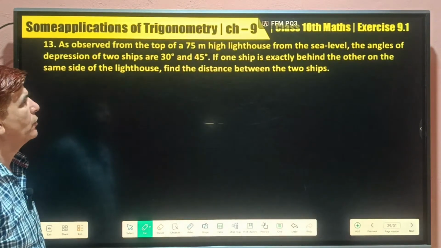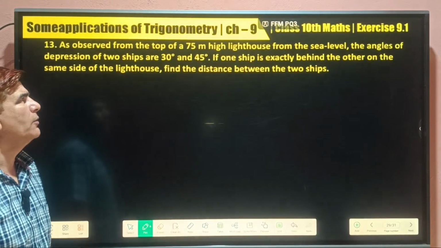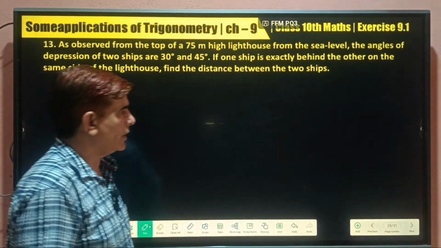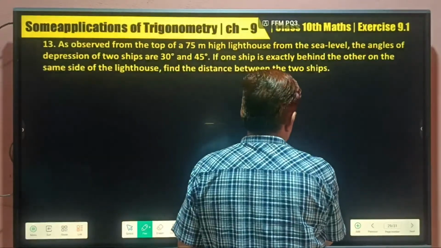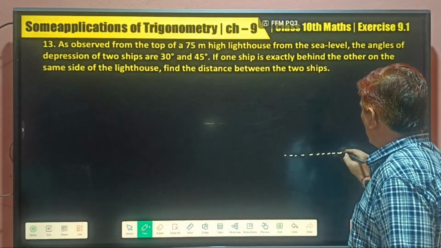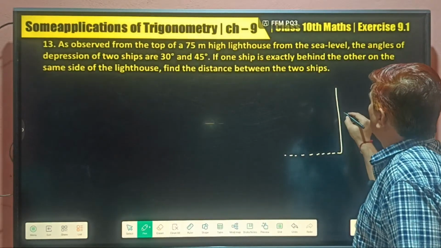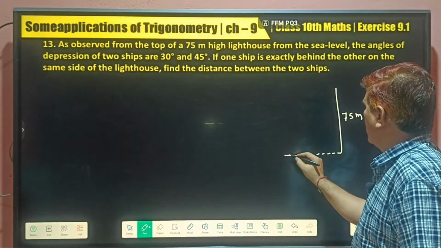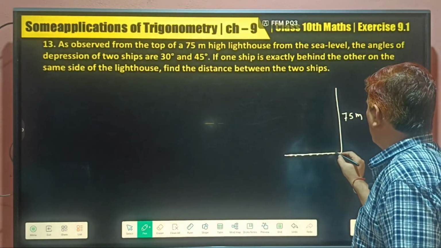As observed from the top of a 75 meter high lighthouse from the sea level, so we can understand this is the sea level, and the lighthouse is this, which is 75 meters above the sea level.